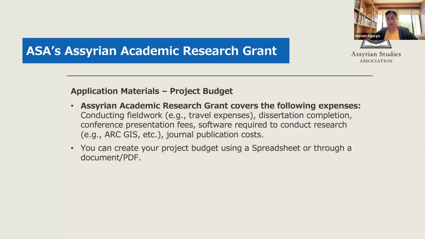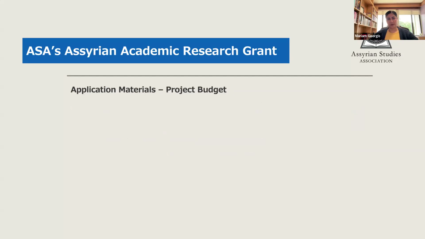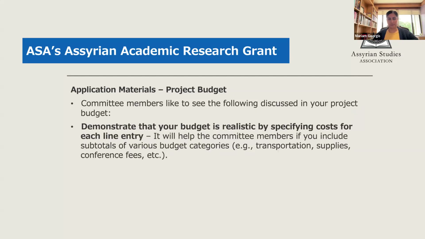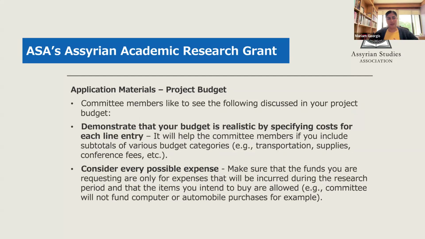You can create your project budget using a spreadsheet or through a document or a PDF. Just make sure that it has all the requirements in it, so everything that you can think of to put on there. The committee members would like to see the following discussed in your project budget.